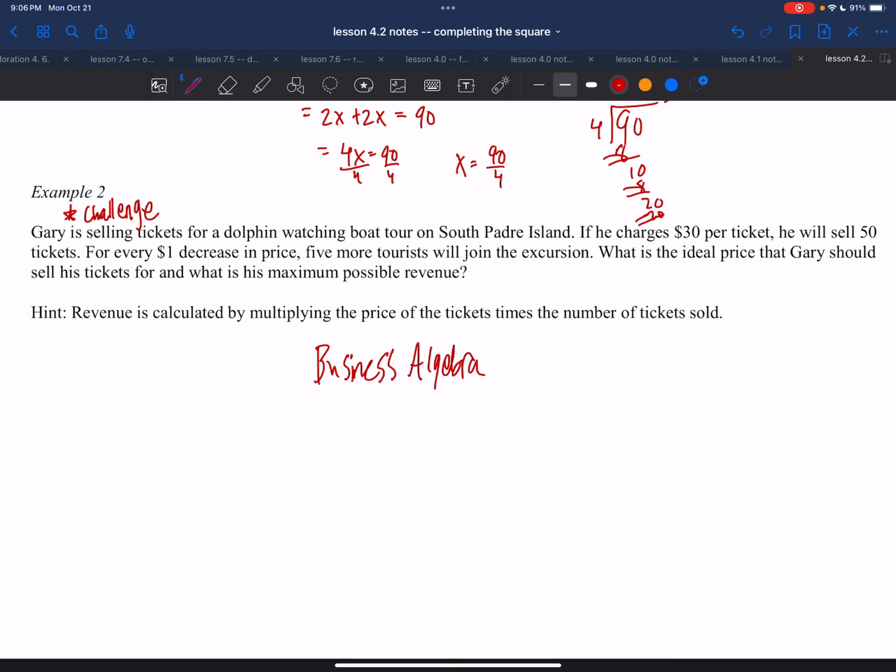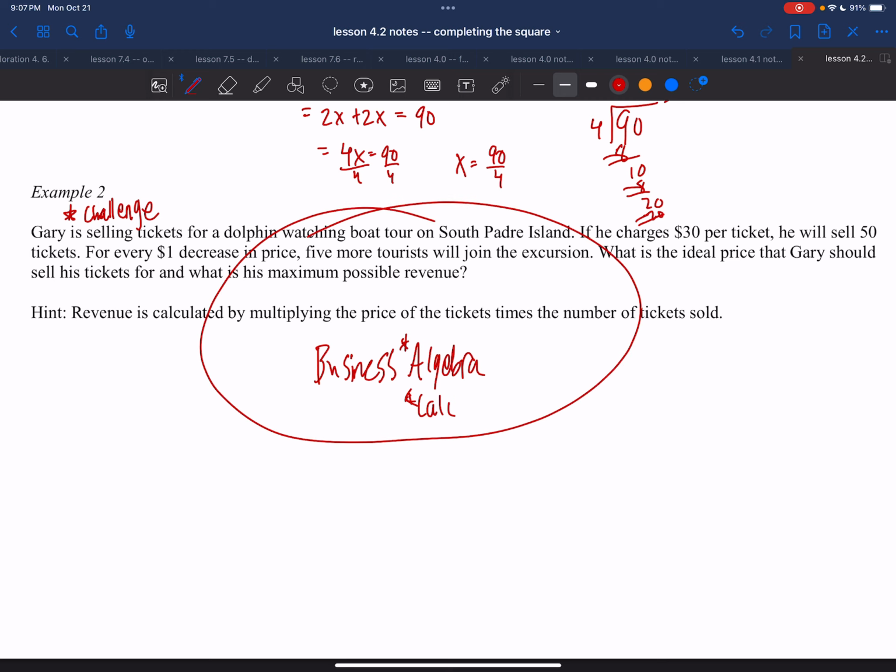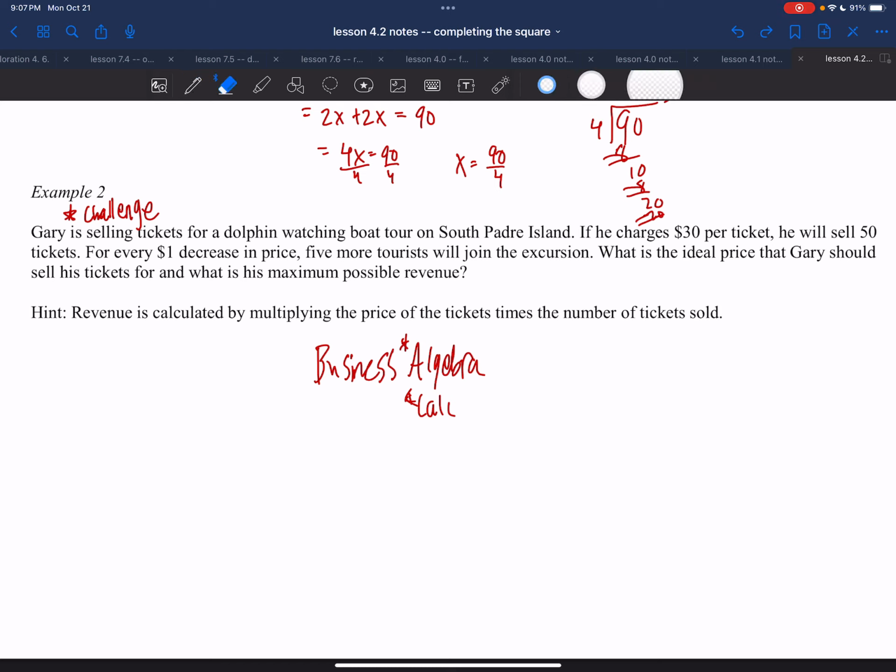If you go into college and become a business major or accounting major, finance, marketing, whatever, they usually make you take business math classes. The two you do are the algebra class and the calculus class. Both classes have problems just like this, where we make what's called a revenue function. So we want to maximize revenue.